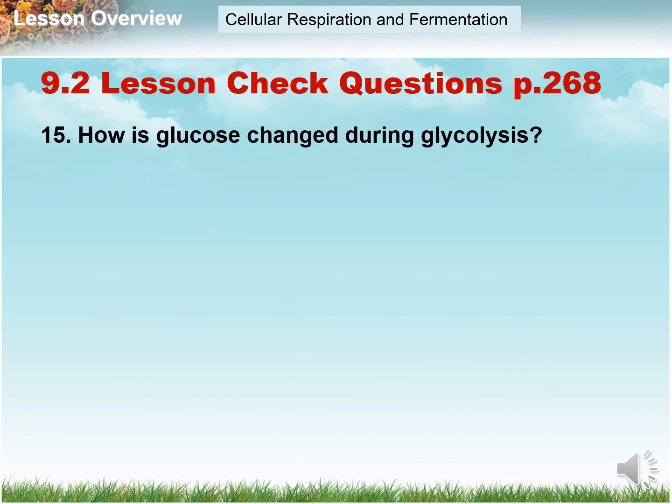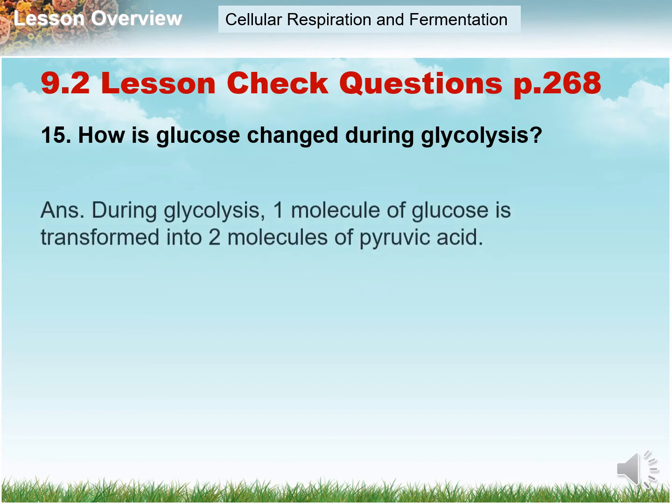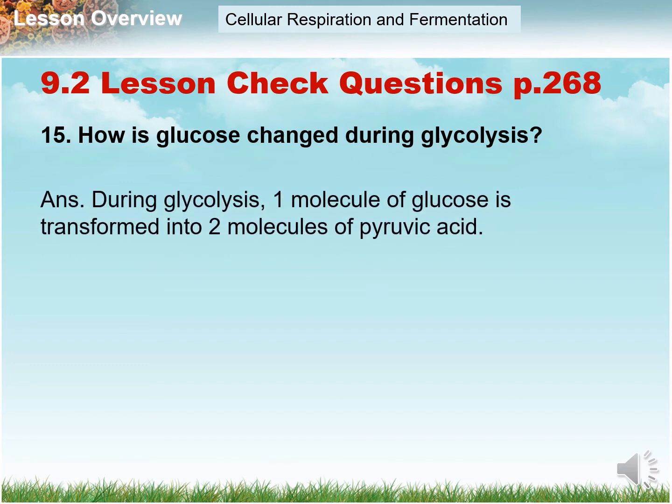Number 15 question. How is glucose changed during glycolysis? The answer is, during glycolysis, one molecule of glucose is transformed into two molecules of pyruvic acid.